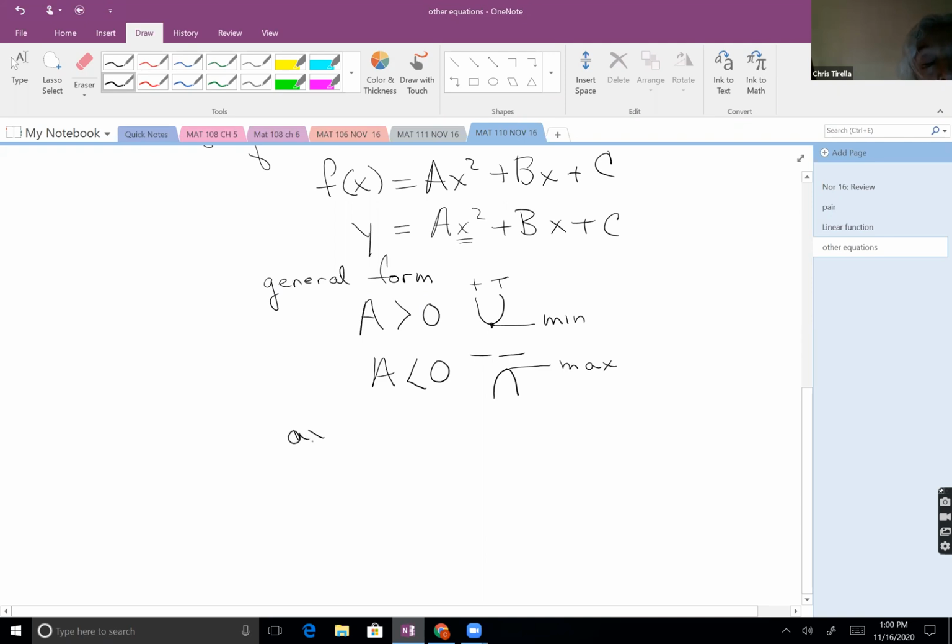The line that goes through the middle, which is the axis of symmetry, turns out to be a vertical line, so it's x equals the ratio negative b over 2a.